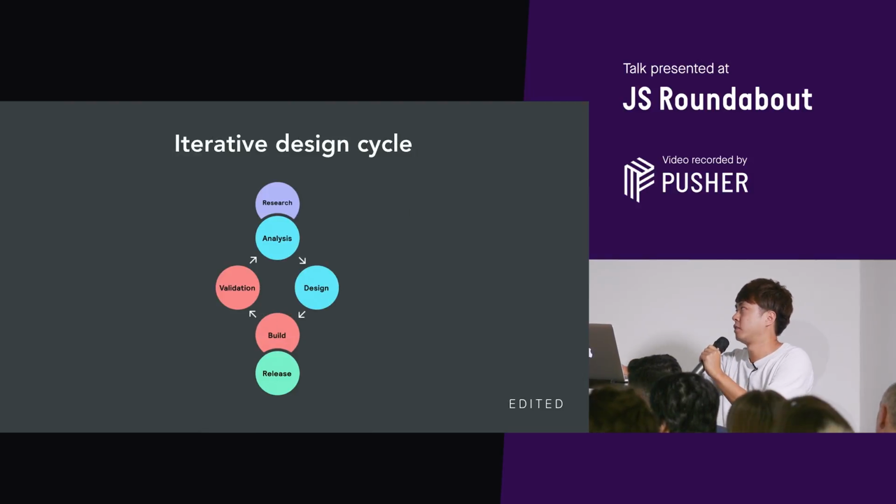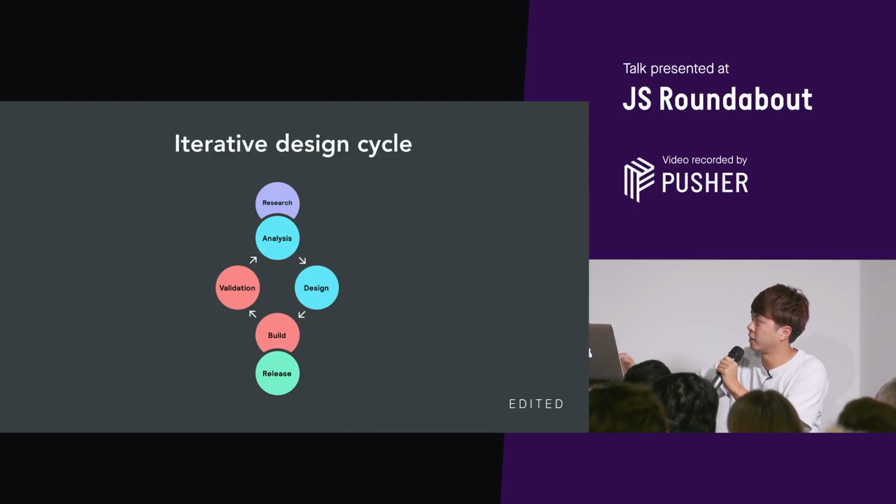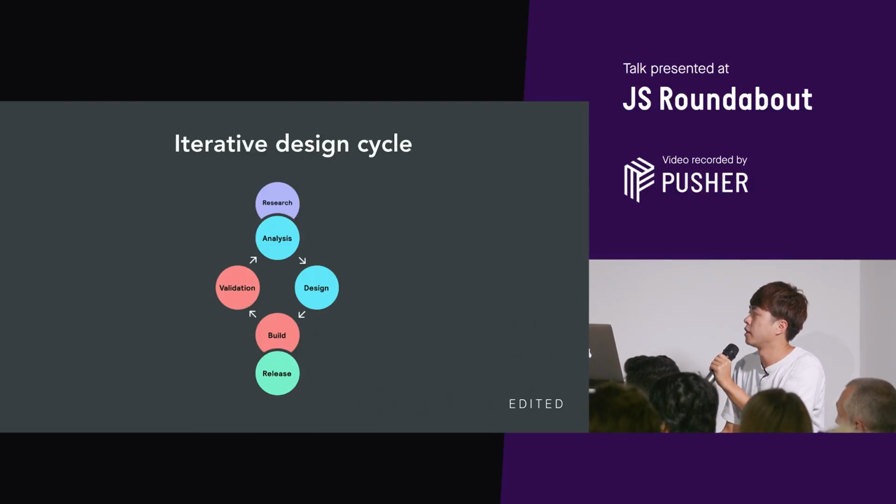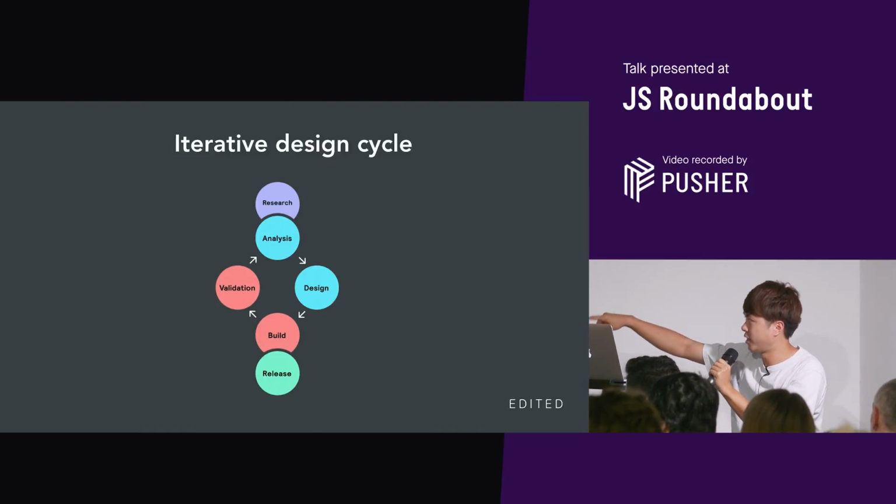So instead of a waterfall process, we would like to have an iterative design cycle. It's similar: at the beginning, we have the product owner do research, but slightly differently, we will have a loop in the middle.